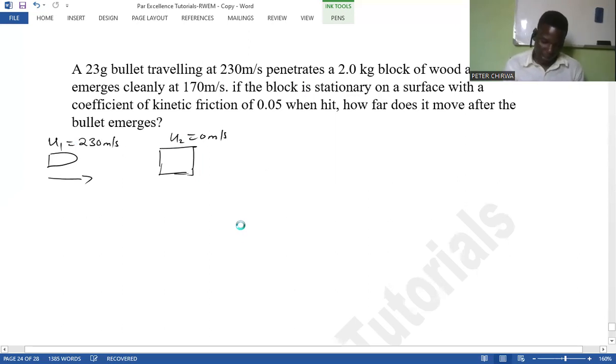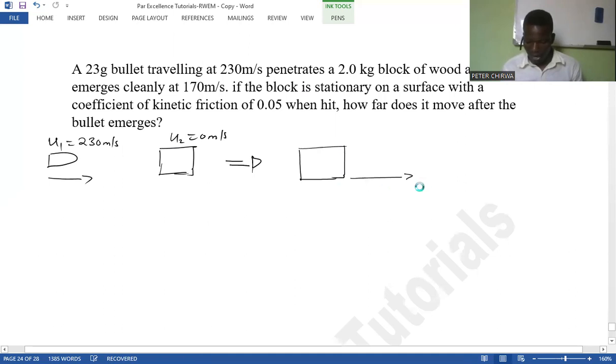So it penetrates, and then afterwards we'll have the block from the initial position, which we take to be 0, having covered a certain distance.